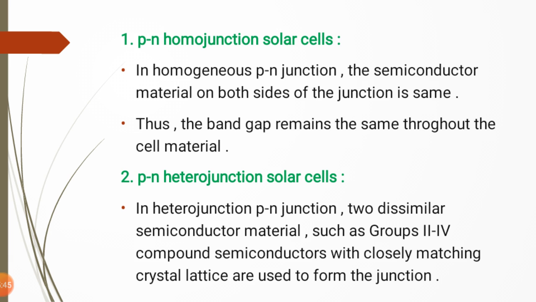Hetero means not similar, but homo means same and hetero means different. So two dissimilar semiconductor materials are used in a p-n heterojunction solar cell.